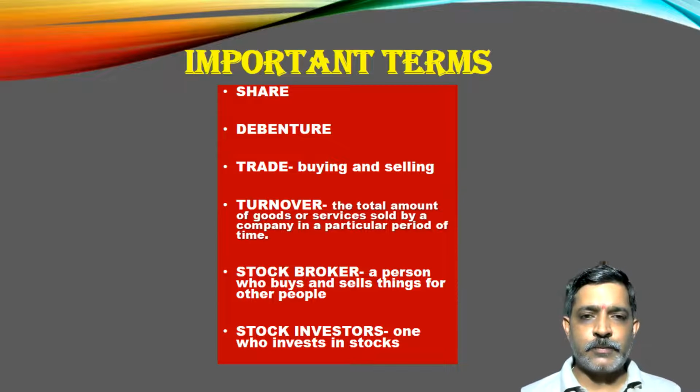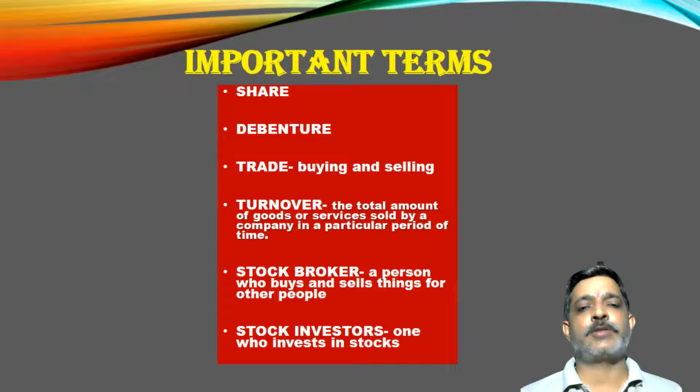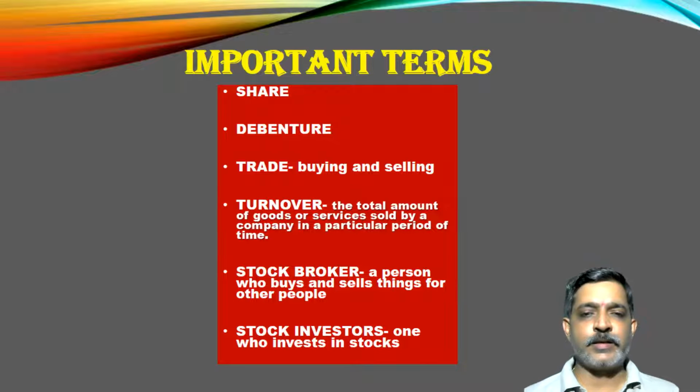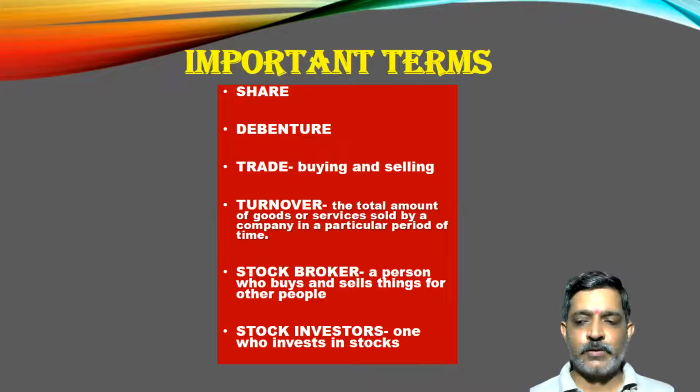The first term we already discussed in our last daily class is share. What are shares? We know that the capital of a company is divided into small units called shares. Similarly, another important term is debenture.